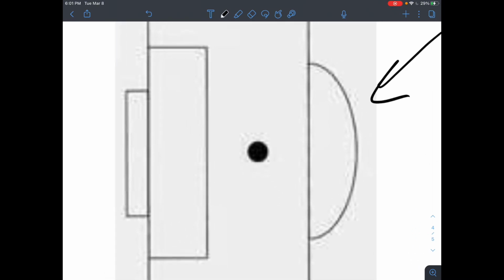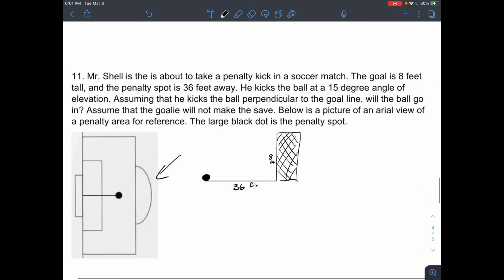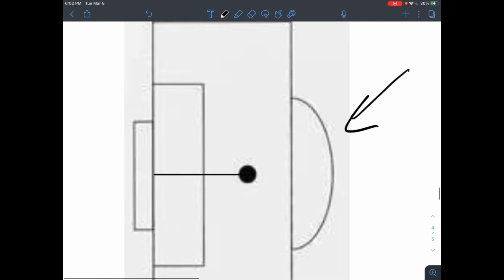So basically what this means, I had to include this, saying that I'm just kicking it straight. And we're just going to assume that this goalie won't make the save. Because ideally, you want this ball hitting this side net, because that makes it virtually impossible to save.